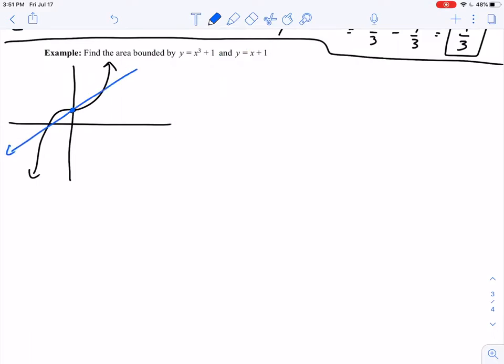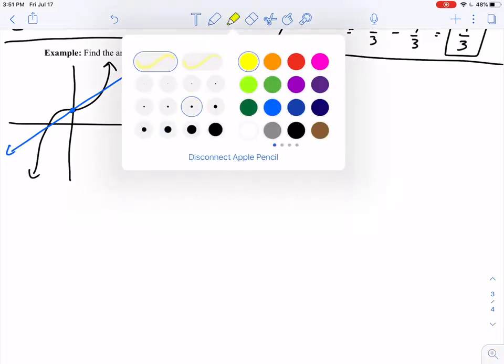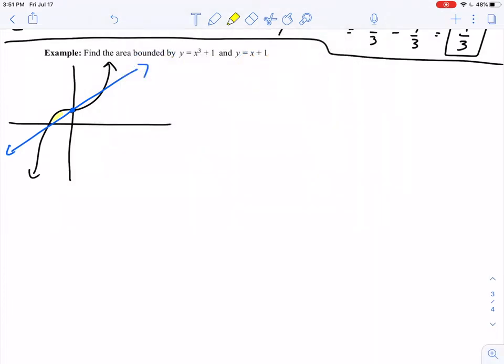It's going to look something like this. And I have a new and interesting problem to worry about here. I have this shaded region to find, and I have this shaded region, and I'm not sure what they are talking about here. They didn't give me an interval.